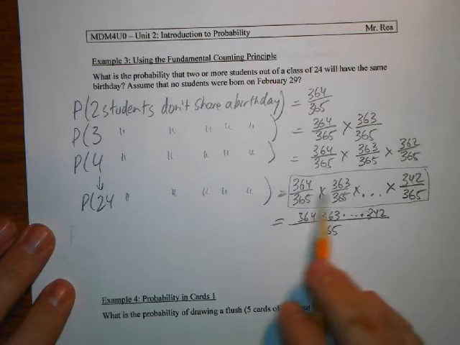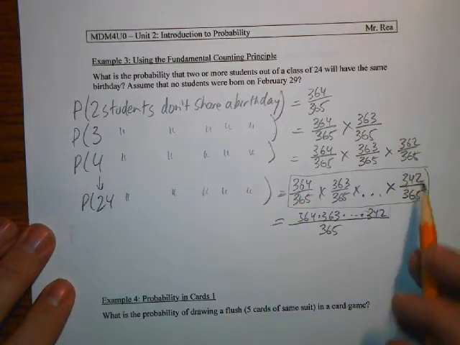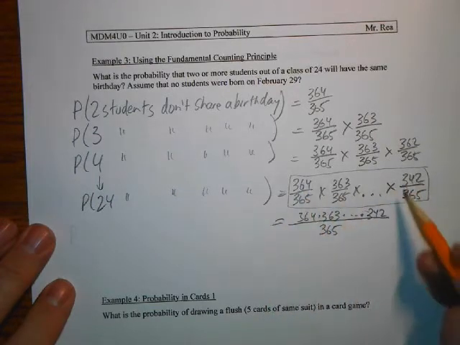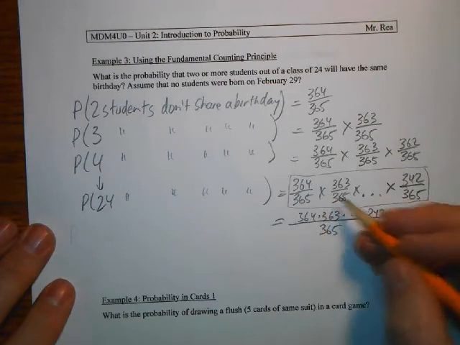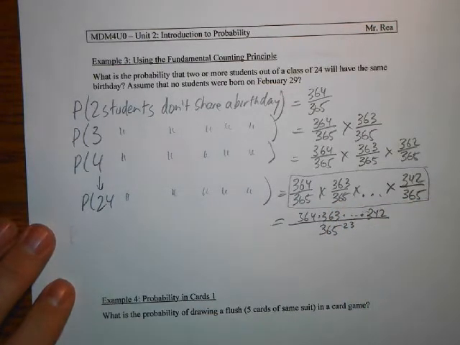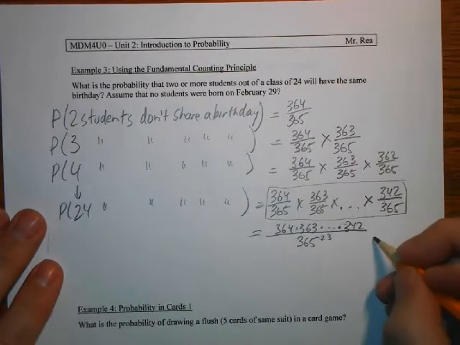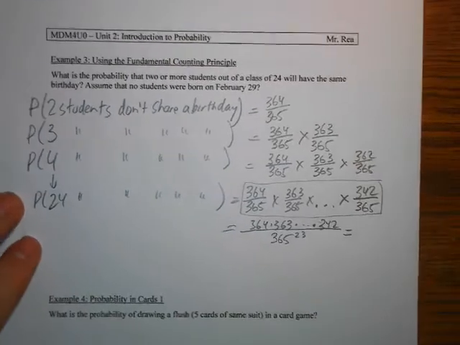How many times? Well, how many terms do I have here? I believe it's 23, so this minus this. Yeah, it's 23. So this will be 365 to the power of 23, which is a huge number. I'm not sure many calculators could do that.